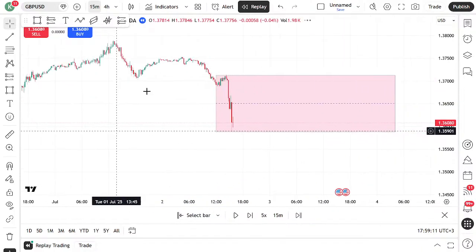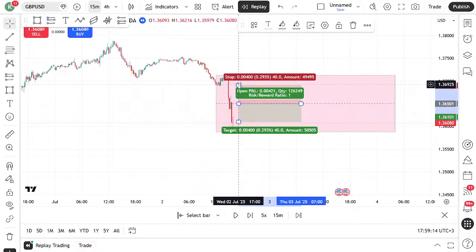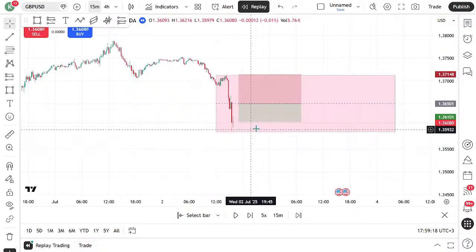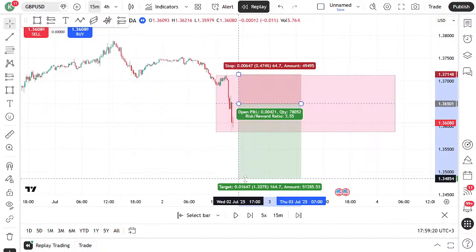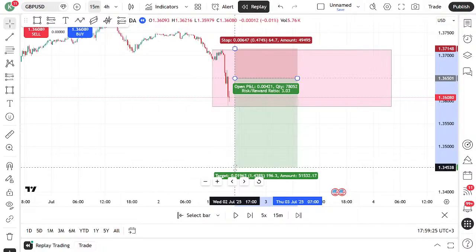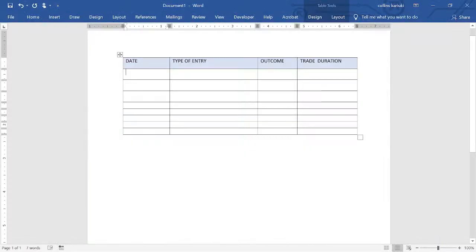And what we want to do is look for sell opportunities from the midline. Stop loss will be above the 4H where you marked, and then you'll target a 1:3.